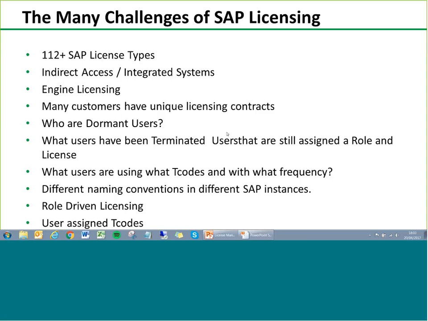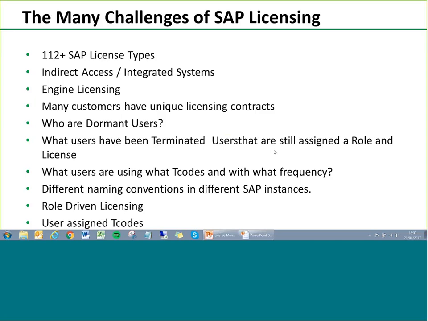And when you just normally begin to look, you may want to understand who dormant users are, who terminated users are. Just clean up the basic user counts so that you're really sure who's using the system, who's carrying a license and is actually using the system. So what T-codes are they using? What frequency are they using them with?